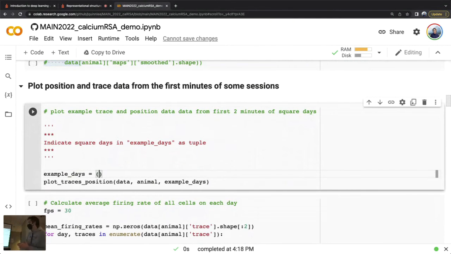Okay, so I want to first plot the first couple of minutes from a few example sessions so you get an idea of what the data look like. I'm going to pick all of the square days, which are the first day and then every 10 days later. So 0, 10, 20, 30.